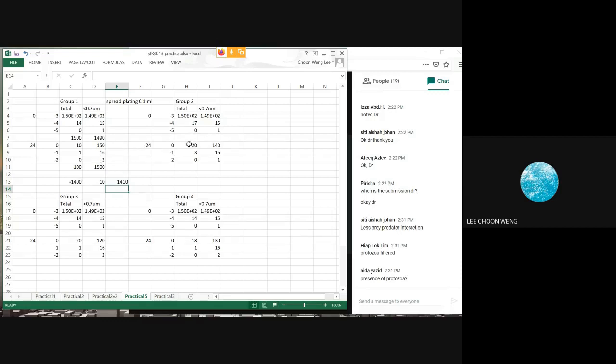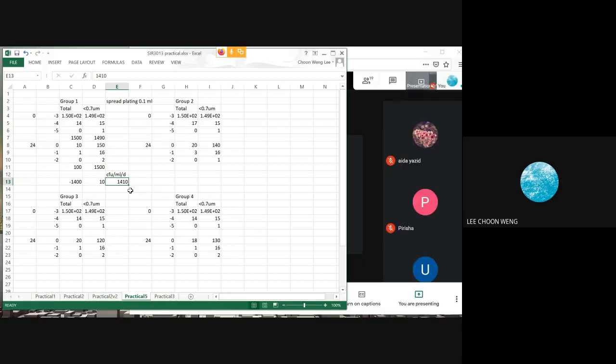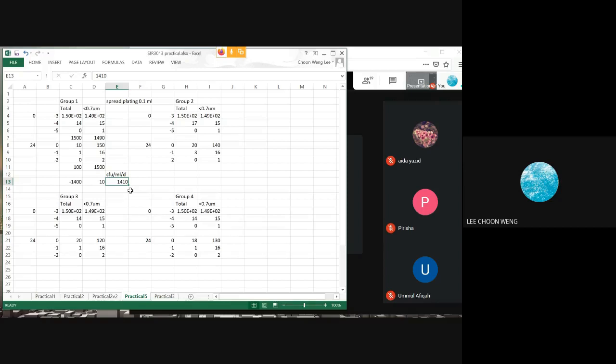So the difference between this slope versus this slope shows the CFU per ml per day. The amount of grazing that occurred, the amount of bacteria that's being eaten up. Okay?